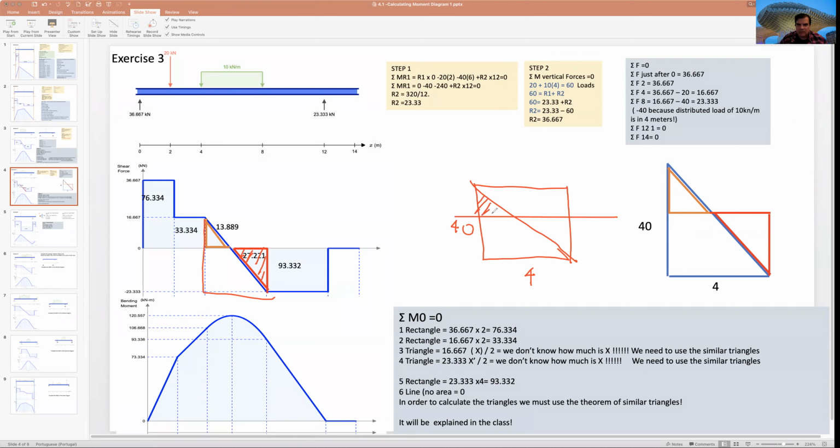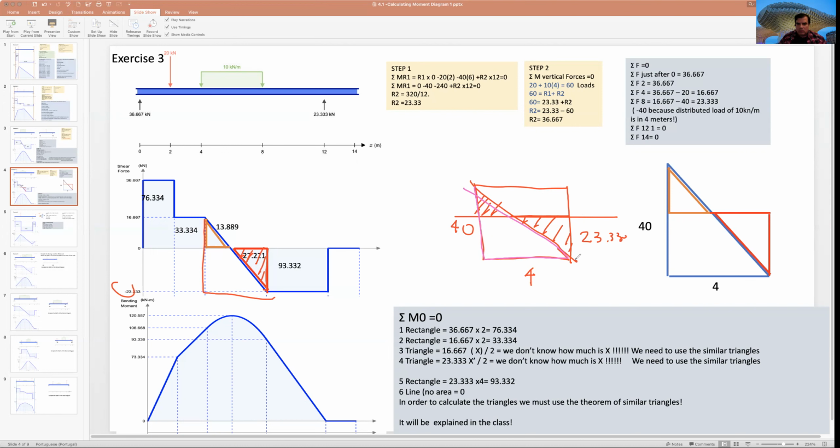This is the small one, this is the big one. Okay, the big one has a side of 23.333. You don't know how much the base is, that is this one. Let's change the color for this one. This will be the big one. I will put it in pink. And I want a red one.